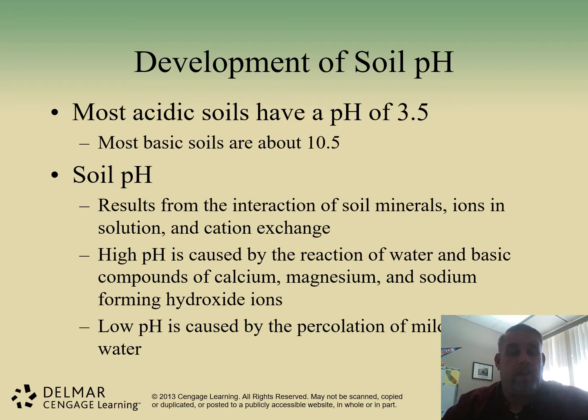When you are thinking about high pH, this is caused by calcium, magnesium, and sodium forming hydroxide ions. So hydroxide is the OH. These are the opposite of the hydrogen ion within an acid.